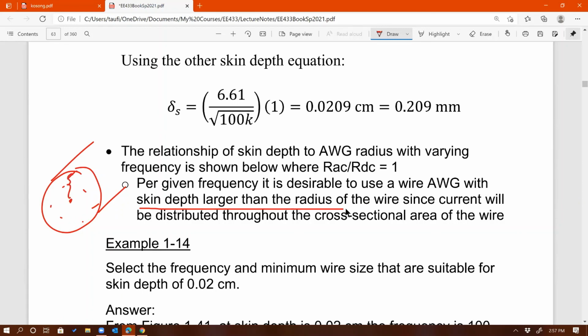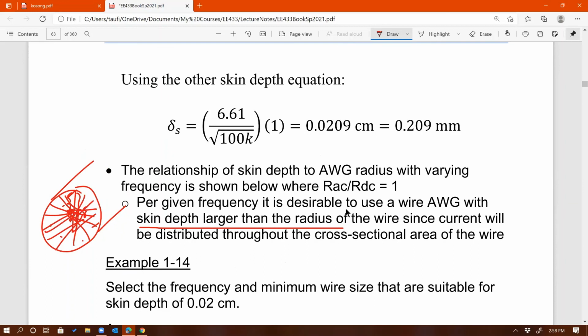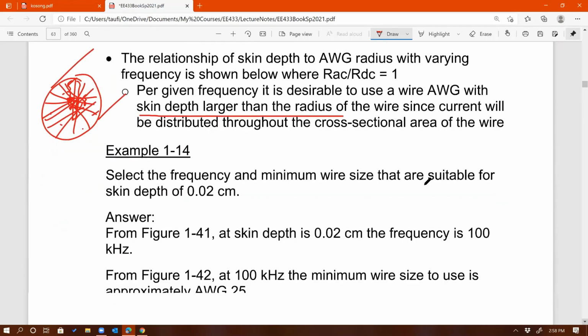If the skin depth is larger than the radius, let's say this much is the skin depth, and it goes all around the wire, then you are using the entire cross-sectional area of the wire if you apply this rule of thumb. Skin depth larger than the radius. Does that make sense? That way you make use of the entire cross-sectional area of the wire. Does that make sense, hopefully?